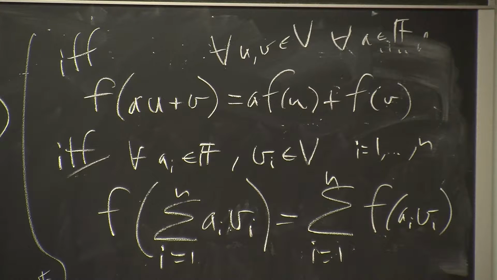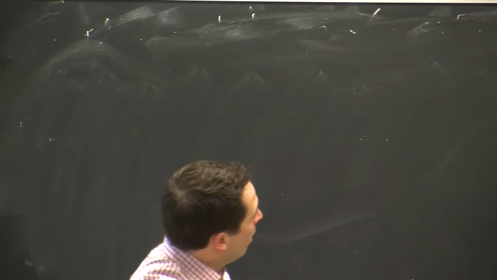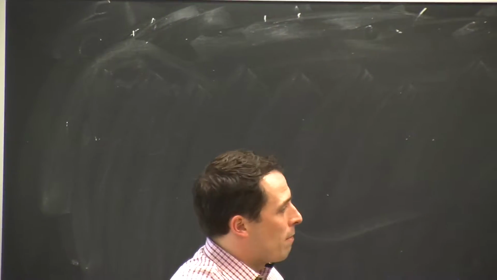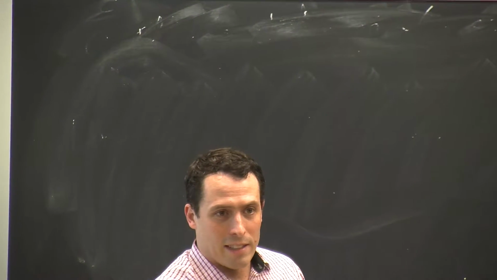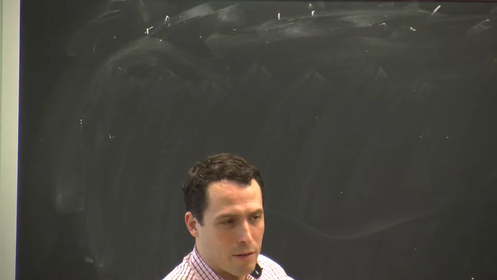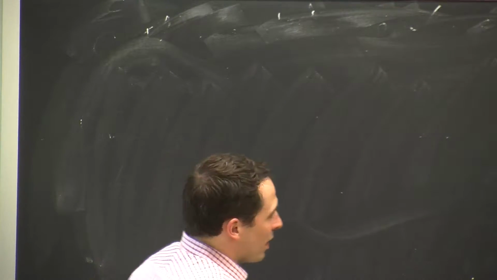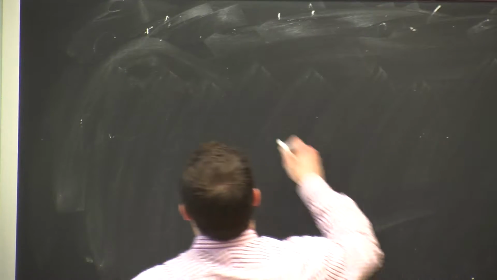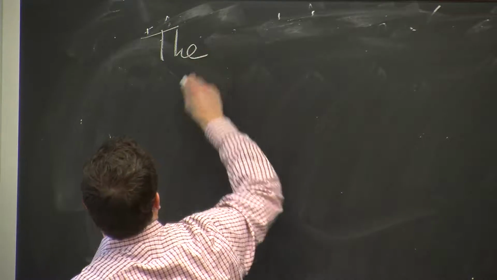So we said that the set of all relations connecting two finite sets A to B was itself a set. Right? That's kind of not surprising. It's this power set. Similarly, the set of all linear transformations from one vector space to another can be made into a vector space.